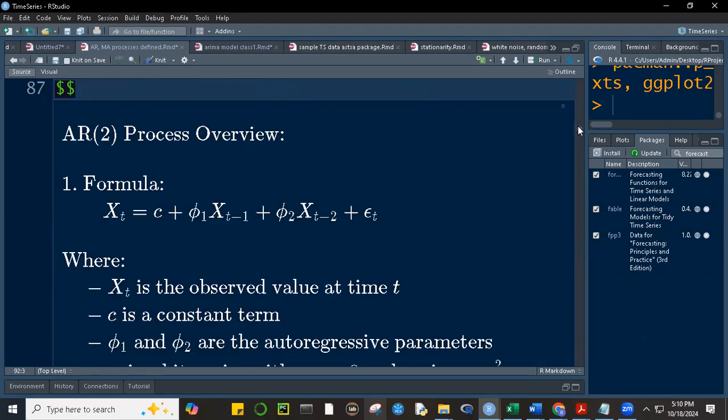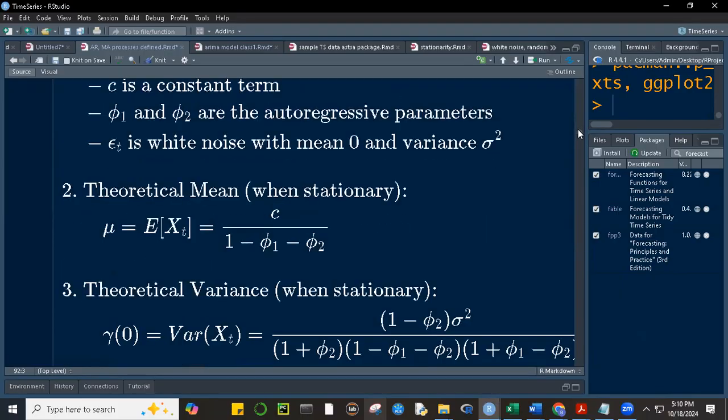Okay. So you can also compute for the theoretical mean ng isang AR2 process, no? It's also equal to C over 1 minus phi 1 minus phi 2. Okay? So if you have an AR2 process, nandun yung C mo, yung constant mo, may phi 1 ka, may phi 2 ka, then if you're asked, what is the long run average of this time series?